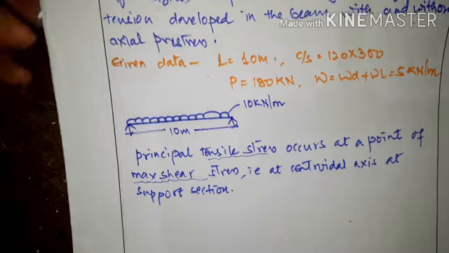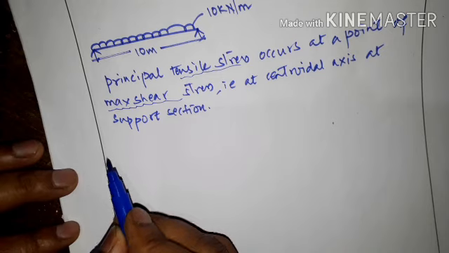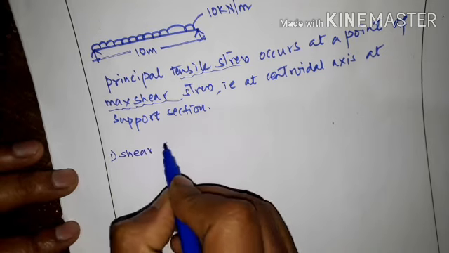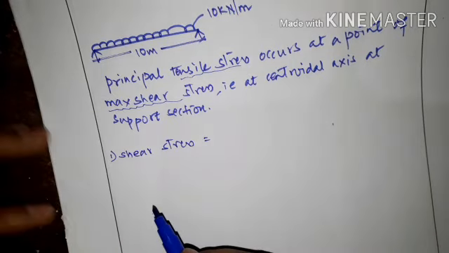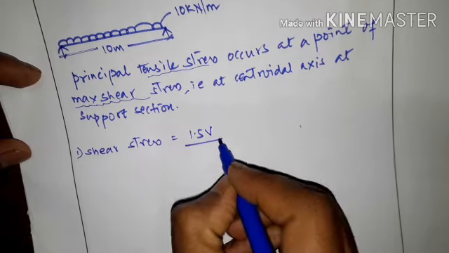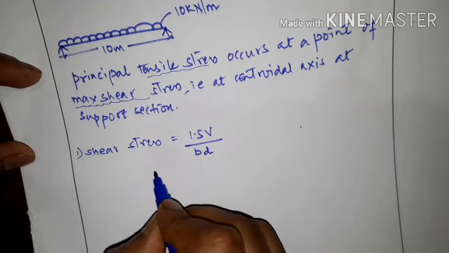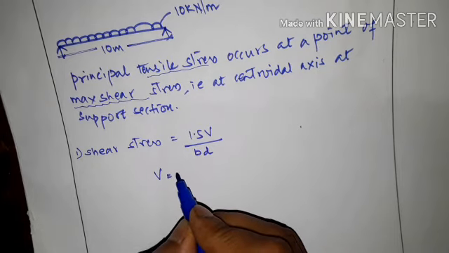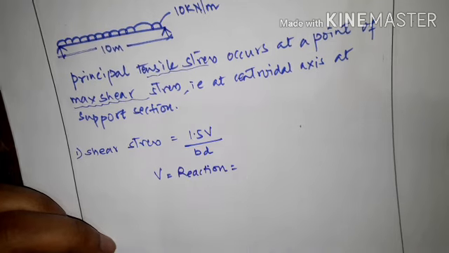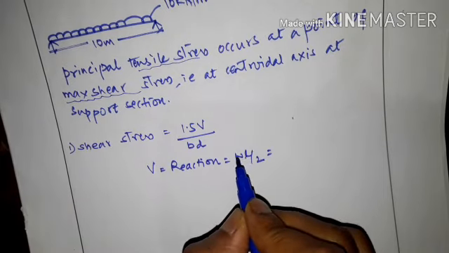So we will look at the solution now and calculate one by one. First is shear stress. For a rectangular section we have found already that it is 1.5 times V upon BD, where V is nothing but the reaction, that is WL by 2 for a simply supported beam loaded with UDL.